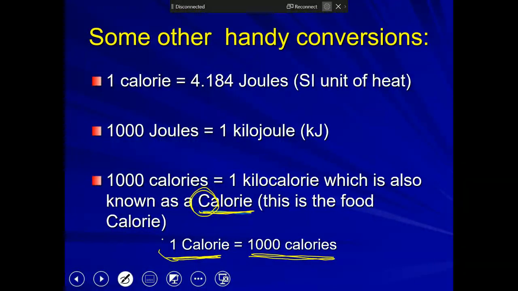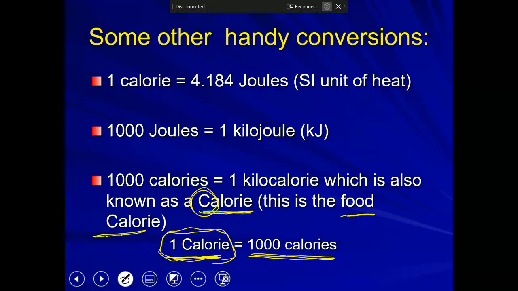So a capital C calorie is enough to make 100 grams of water go up 10 degrees. Do you see that? Now, why this is important, you check some food labels. If you have, for example, a Snickers bar and it says it's 350 calories, I guarantee you it's going to be starting with a capital C. Because when we say he's on a 2,000 calorie a day diet, we're talking about the capital C's.